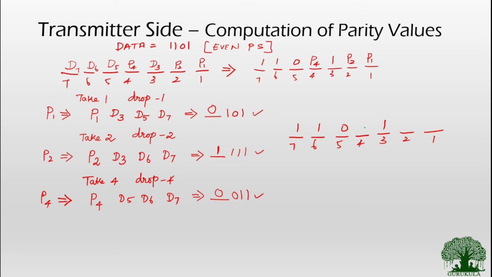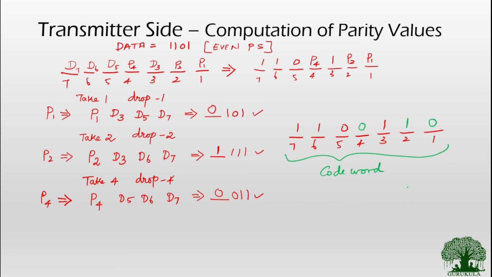Parity bit P4 I calculated as 0, P2 I calculated as 1, and P1 I calculated as 0. Now this entire stream of data is what we call the code word. This code word is going to be transmitted from the transmitter side to the receiver side.